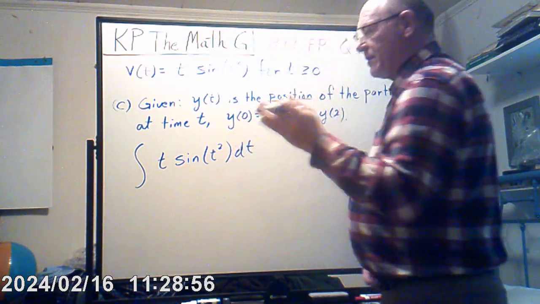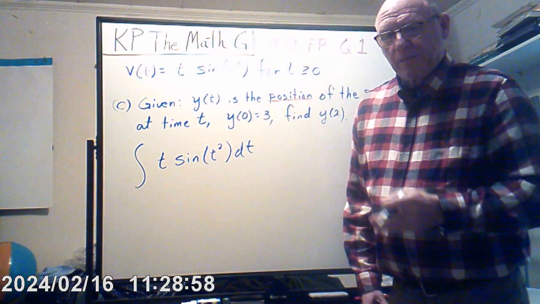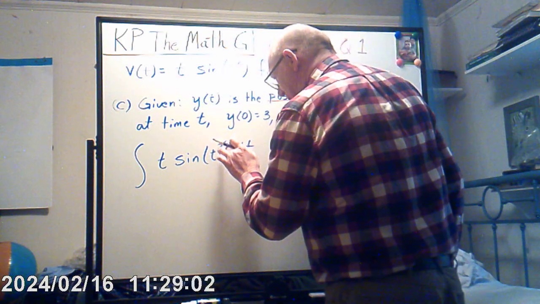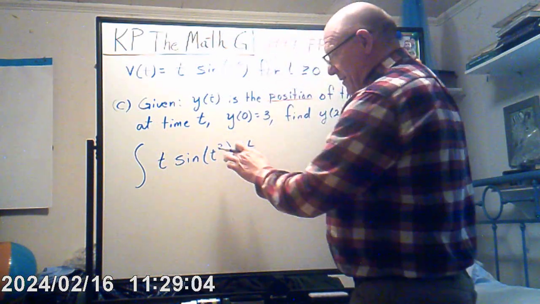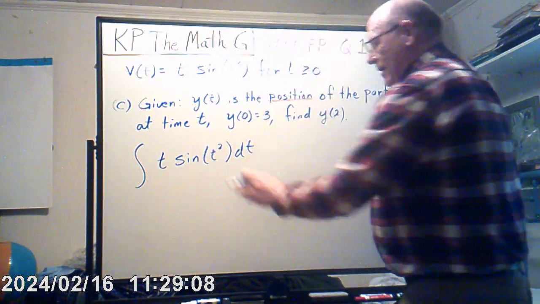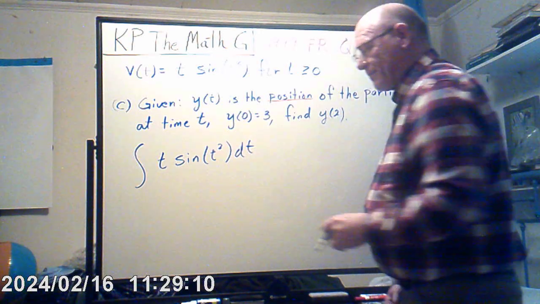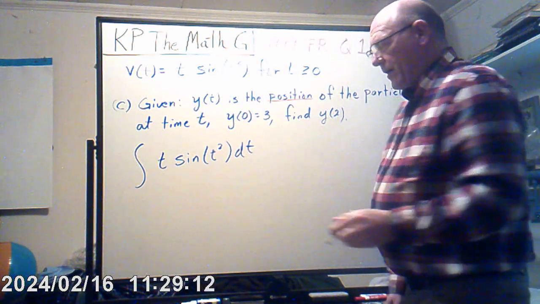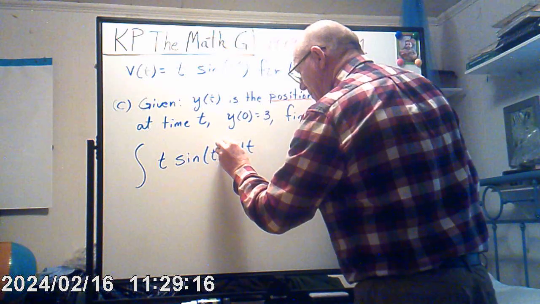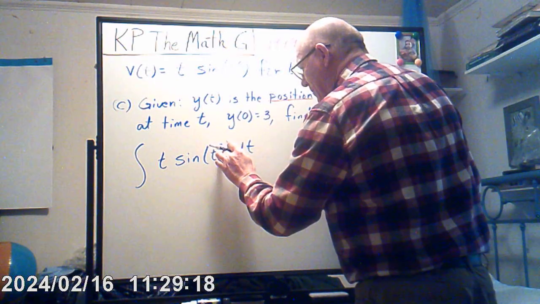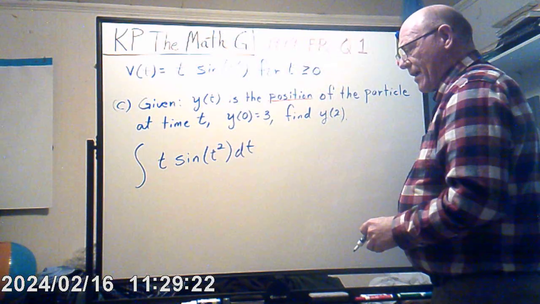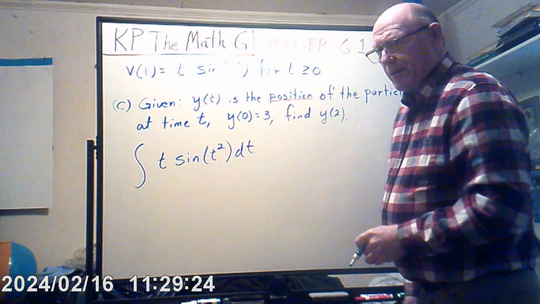This is a very doable problem. It's done by substitution. This is t squared and this is t, actually t dt. If the exponent outside is 1 greater than the one inside, then you can do this by substitution.